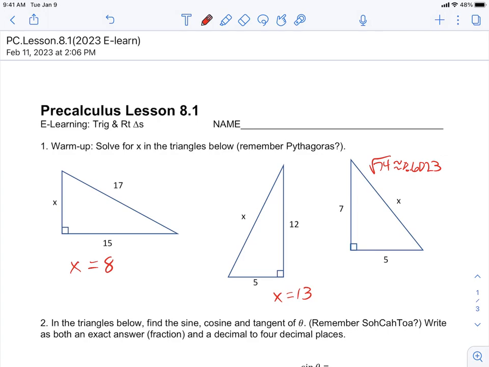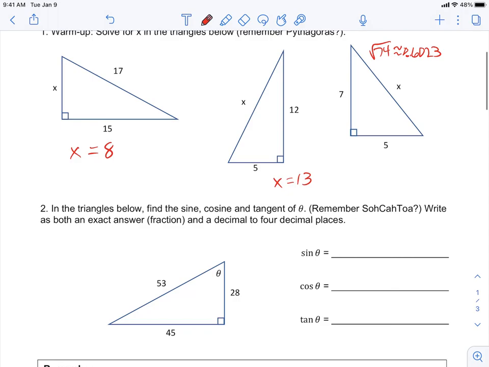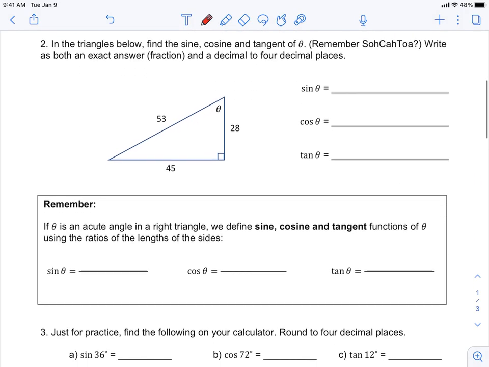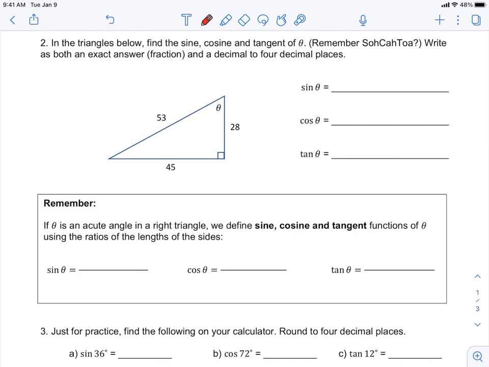So hopefully that is familiar to you, and that's kind of the foundation of this next section. Now we're going to apply trigonometry functions to right triangles. You might remember another little acronym, a mnemonic, to help you remember that sine, cosine, and tangent are simply ratios of sides in a right triangle.